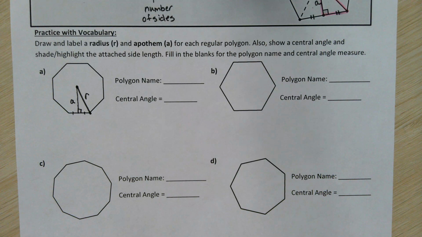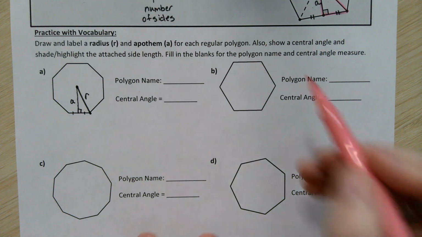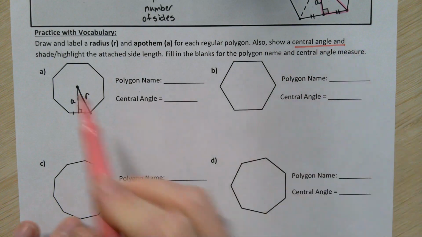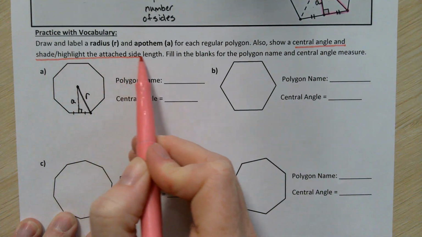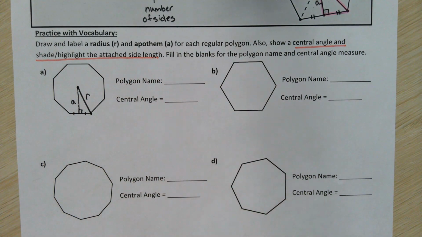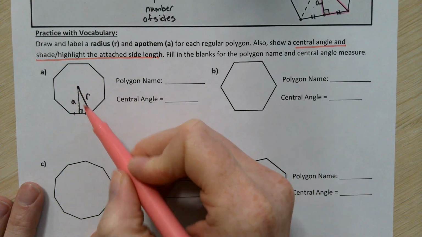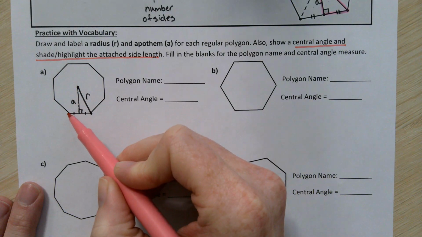All right, they also want us to show a central angle and then to shade or highlight the attached side length. So if we are showing a central angle, we need to make sure that we have 2 radii back to back.